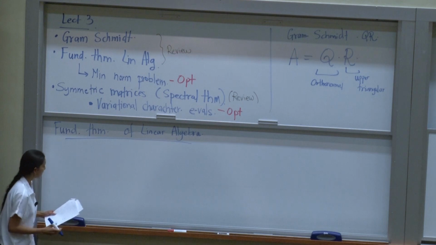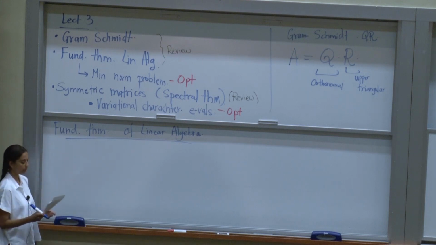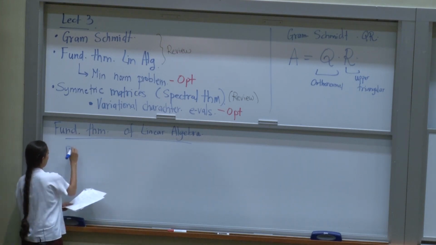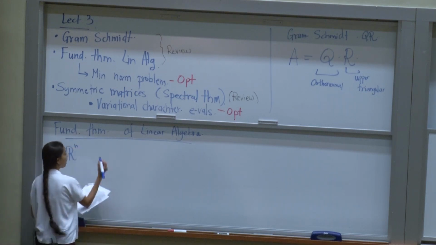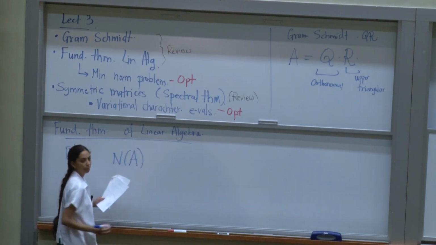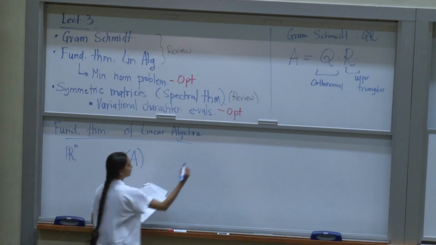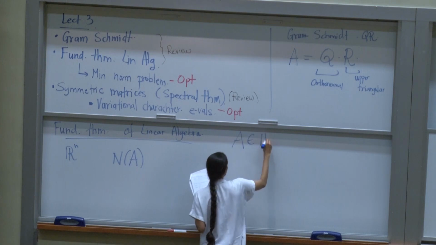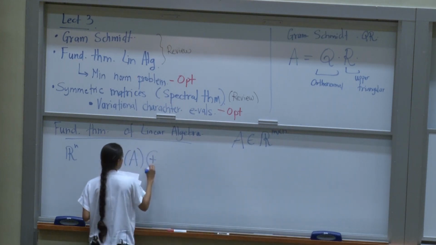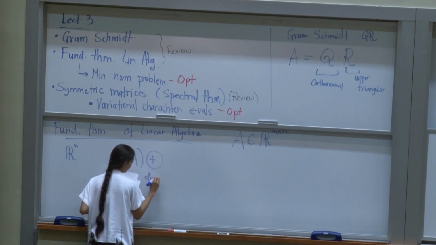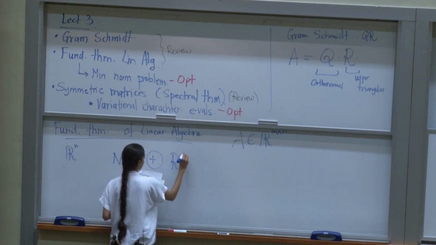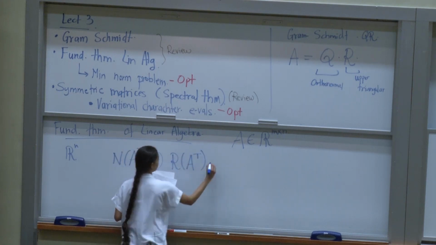Okay? So what this fundamental theorem of linear algebra says is that I can decompose Rn into one vector space, which is represented by the null space of a matrix A. And for clarity, let me say A is in R^(m×n), plus, and this notation is called the direct sum, the range space of A transpose.